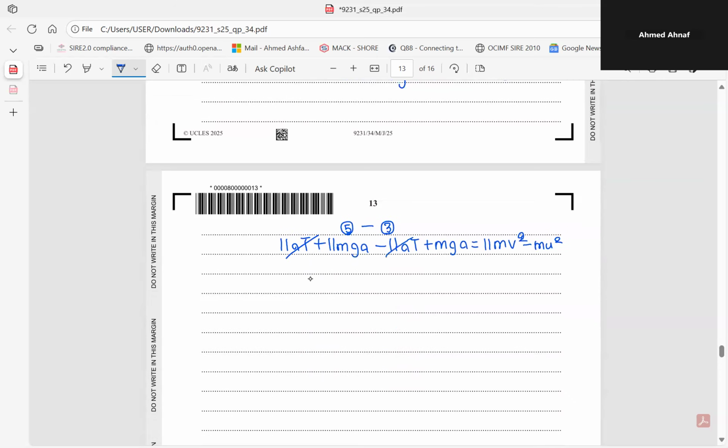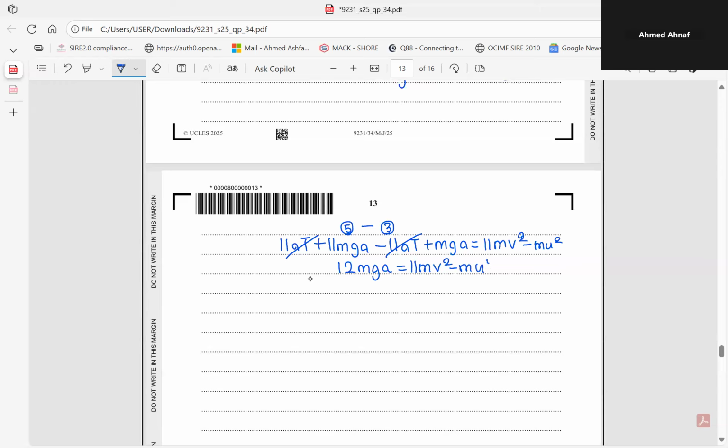So the t's cancel out. 11mga plus mga, you get 12mga. That is equal to 11mv squared minus mu squared. So the m's cancel out, you get 12ga equals 11v squared minus u squared.